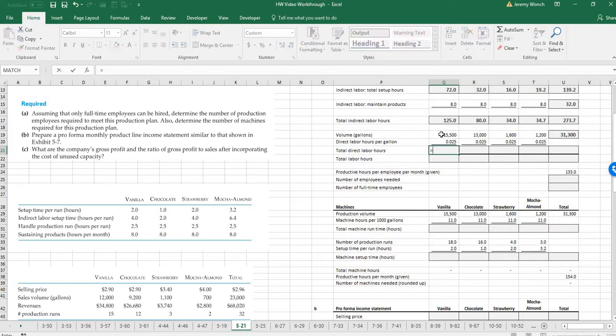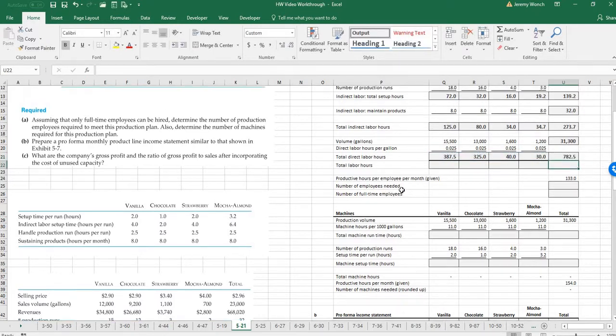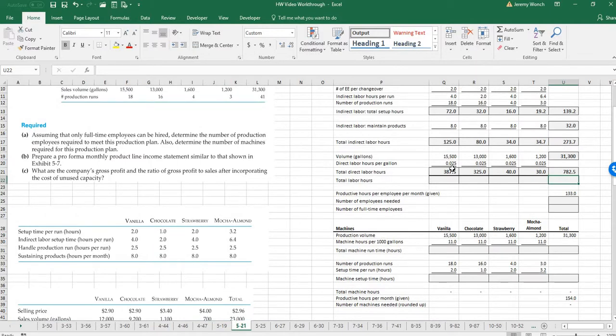We can just multiply that, drag that across, and add in our total. That's the total direct labor hours.